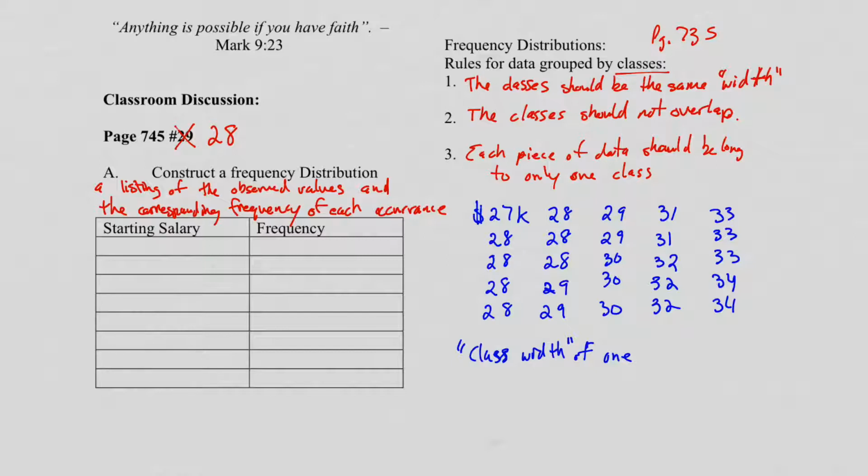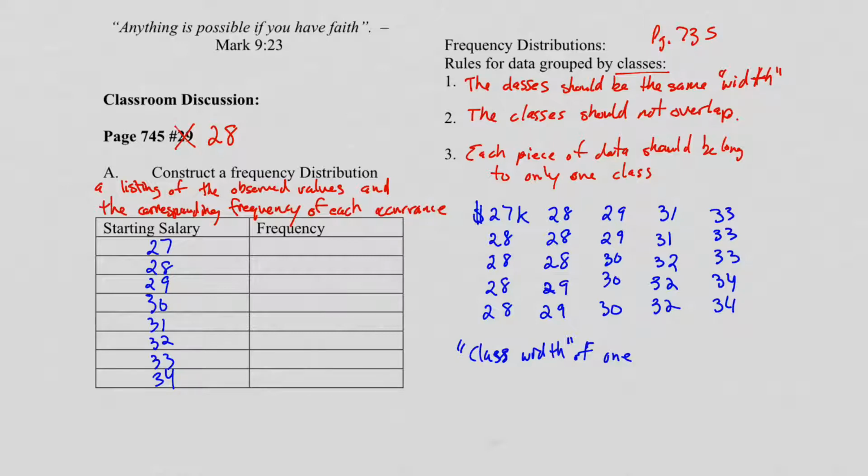We're not going to combine classes. Every single salary here is going to be its own class of 1. So for example, starting salary, we have 27,000, 28, 29, 30, 31, 32, 33, and 34. That's what we mean by class width of 1.